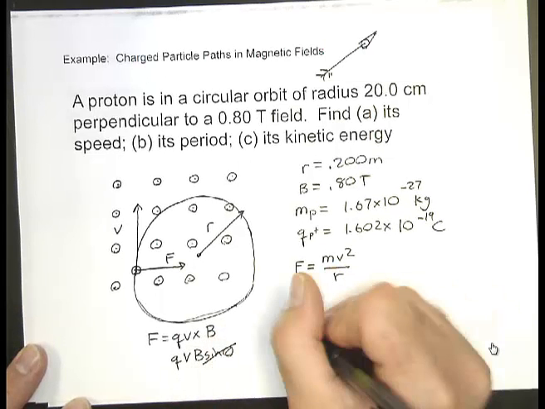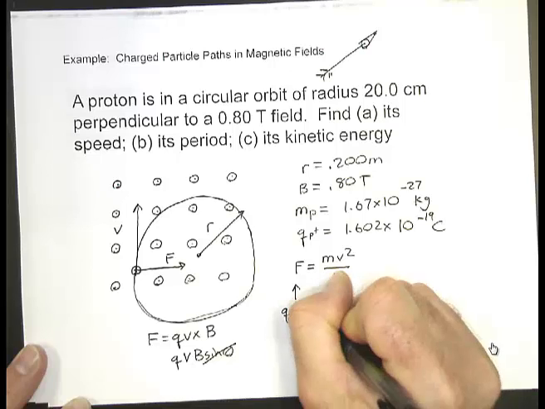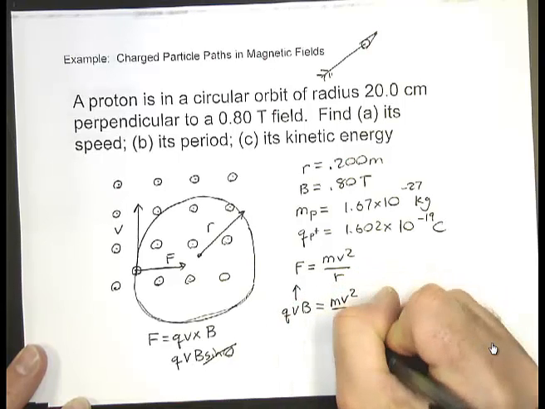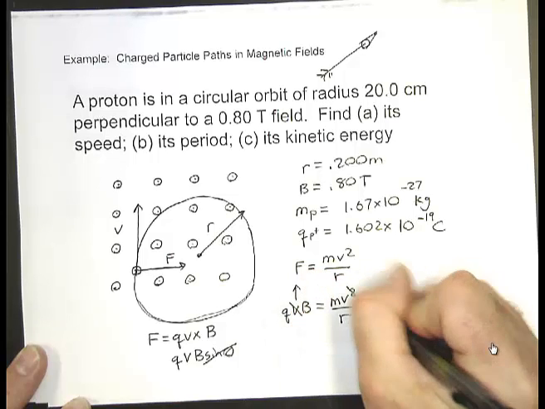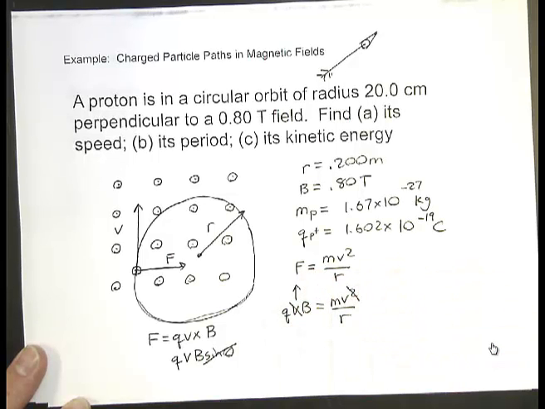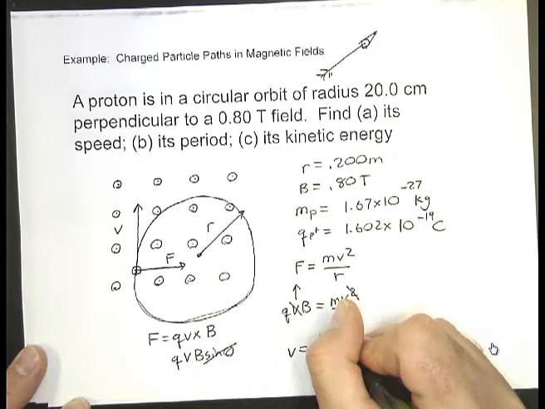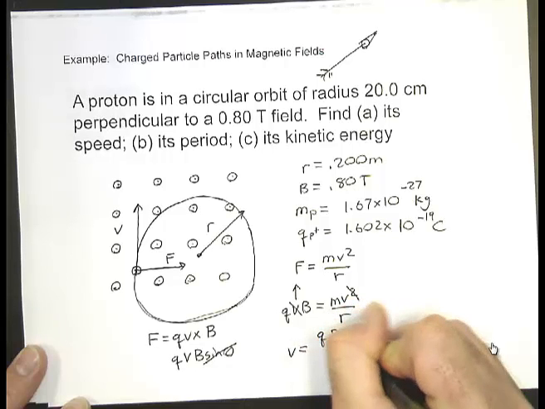So I'm going to claim that this is qvB. We can divide both sides by v, get rid of one of them, and solve this for v. v is equal to qBr over m.